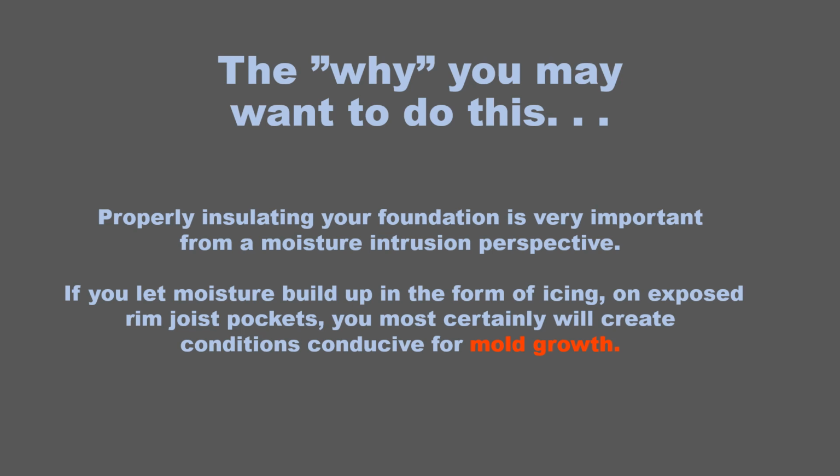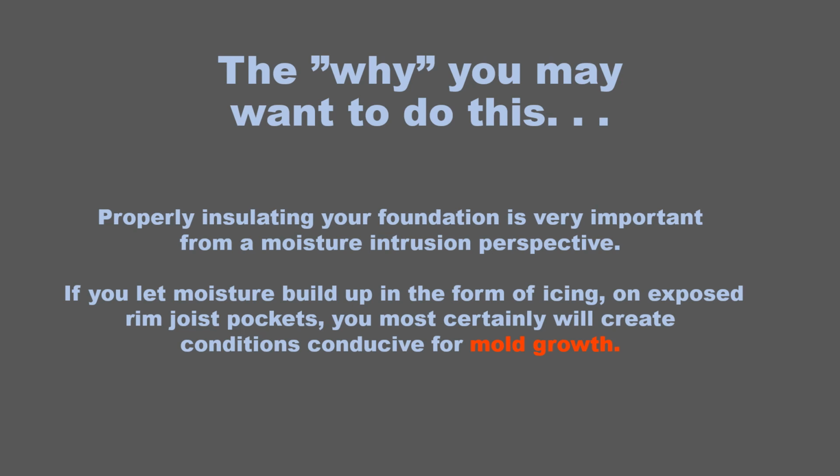Now, another important thing you must know. If you're going to do anything, say you don't want to dig and put those panels in outside. I understand that. That's a lot of work, trust me. But you've got to make sure that your rim joist pockets are insulated and insulated properly. For instance, let's say you go buy yourself some kraft paper-faced R19, which is not bad. You could go more than that.